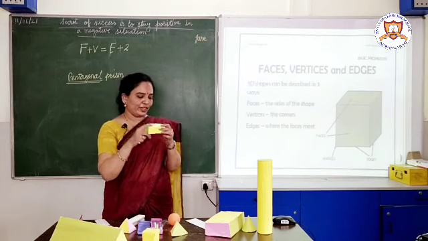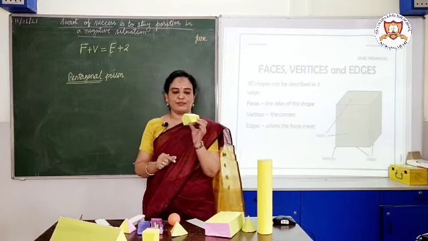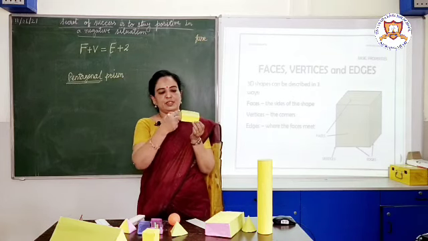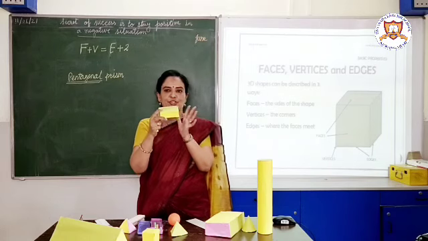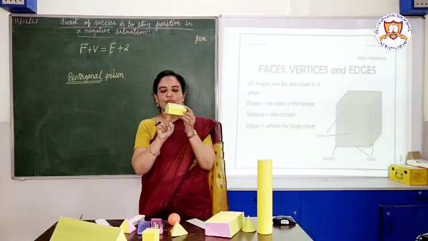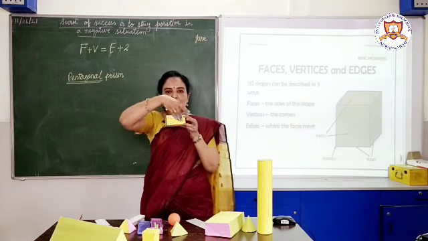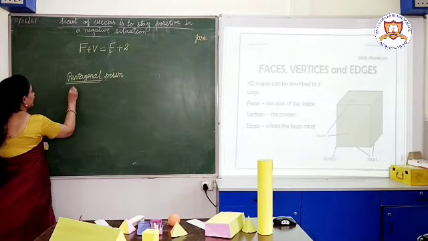So this is the pentagonal prism. Count it. First we will count faces: 1, 2, 3, 4, 5, 6, 7. So 7 faces are there.